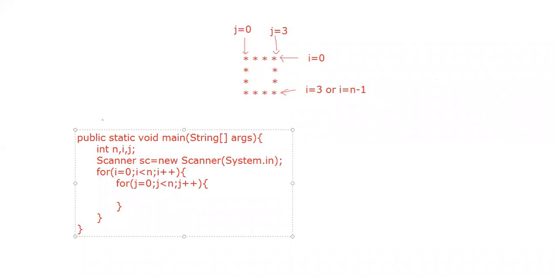Now here is the fun part. If I is equal to 0, we need to print the stars. So it will be System.out.print, not println, and then we have to print a star.